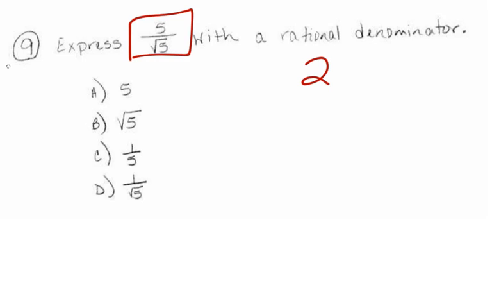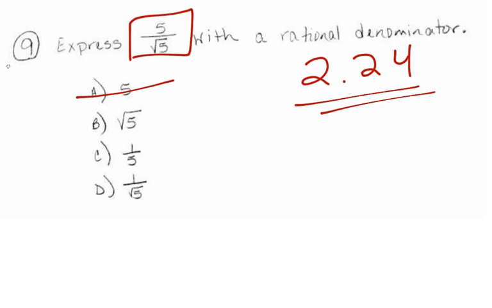And just make a note to yourself. You get 2.24. You're going to go to each of your answer choices and see which one gives you 2.24. Obviously, it's not A. B is just second x squared 5. It is 2.24. Looks good. Let's check and see. C is 1 divided by 5.